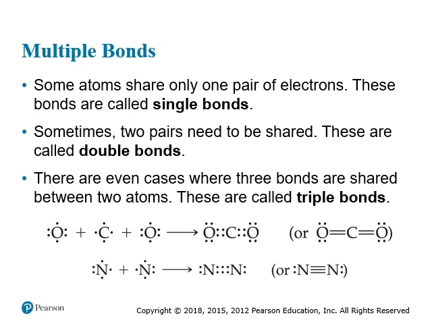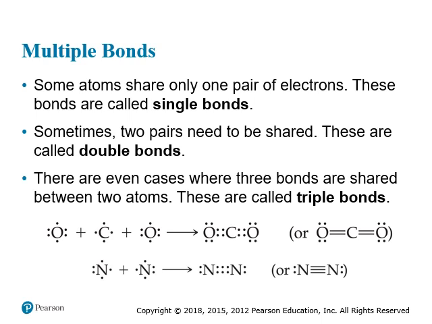Now, up until this point, our discussion of covalent bonding has only involved the sharing of 1 pair of electrons between 2 atoms. Hydrogen completing the octet around fluorine means that 1 pair of electrons is shared between hydrogen and fluorine. In this instance, 1 pair of shared electrons is called a single covalent bond.